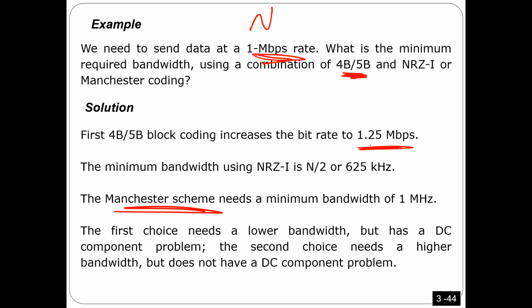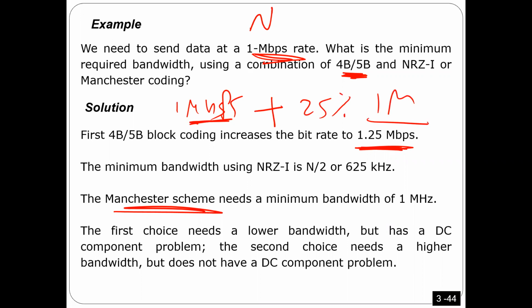So how did you come up with this? The 1 extra: we have 4, so 1 out of the 4 is going to be 25%. So it's going to be 1 mega plus 25% of the 1 mega, because for every 4, I'm going to transmit 1 extra. How can you get 1 out of 4? 25%. So 1 mega plus 25% is going to be 1.25 mega per second.